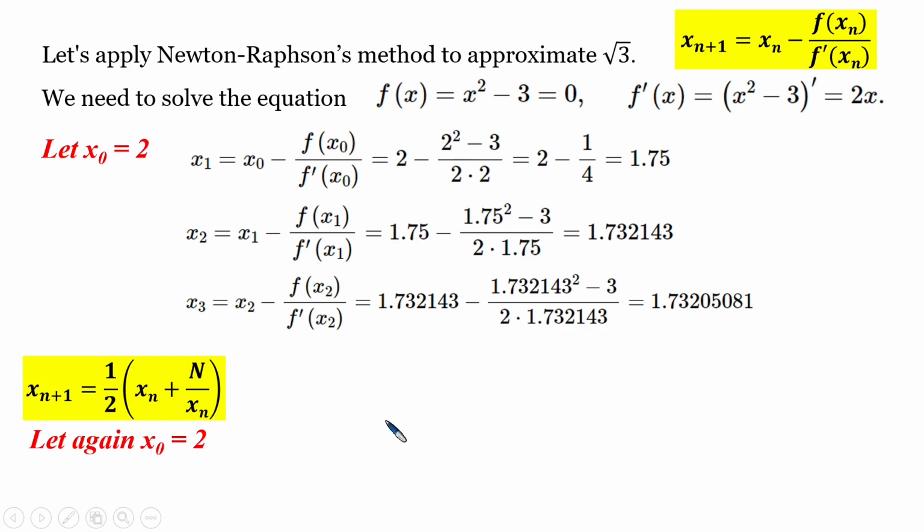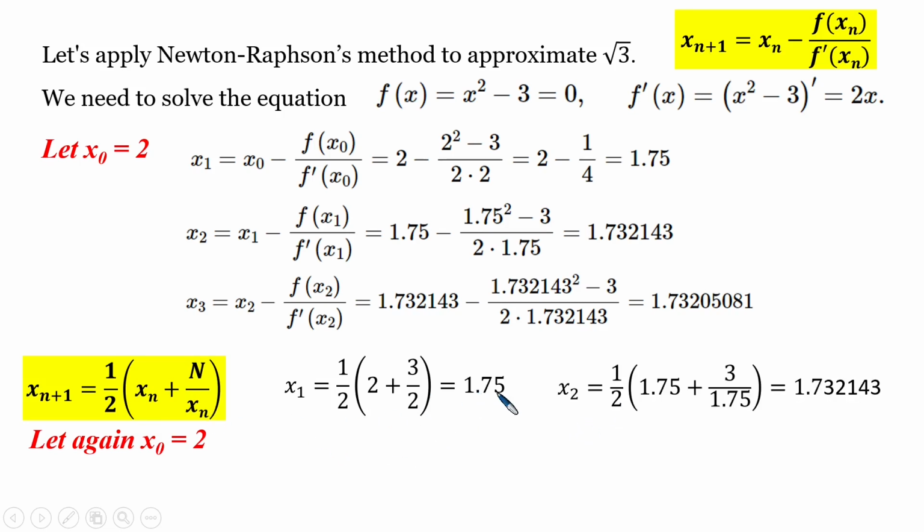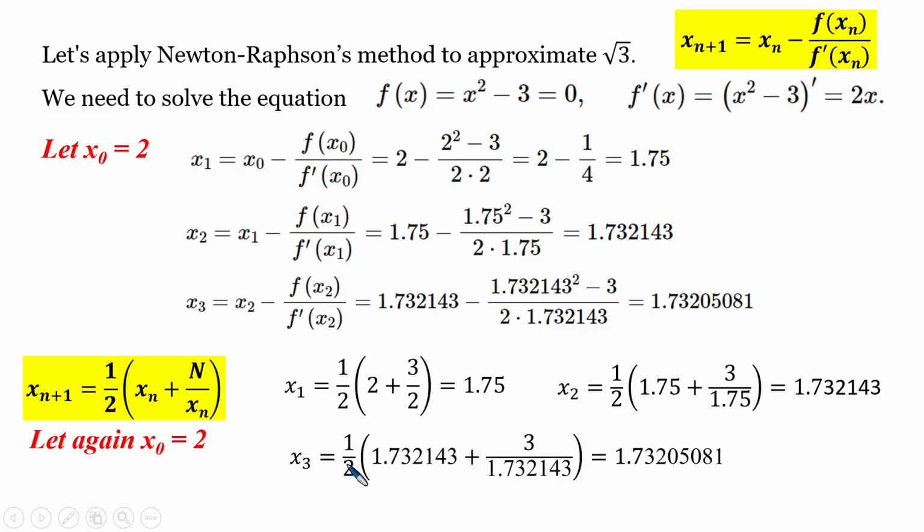Both are very similar, and here x1 is equal to half of x0 plus n by x0, with x0 as 2 and n as 3, giving 1.75. For x2, again I take x1, substitute here, and I get this. And x3 is half of x2 plus 3 by x2. So see, in 3 terms I get the same answer. So this is how you can find the square root of a number using the Newton-Raphson method.